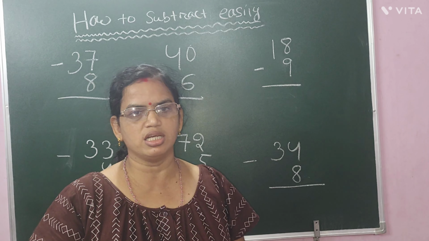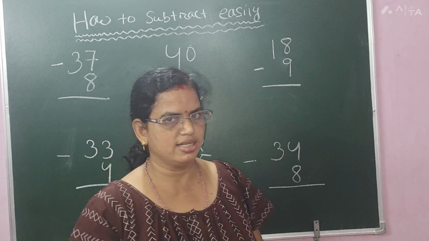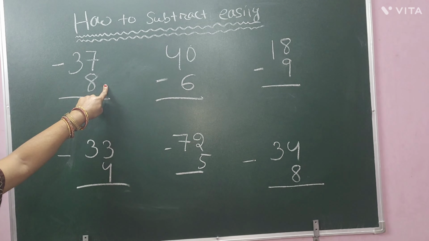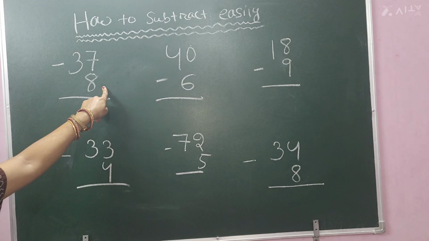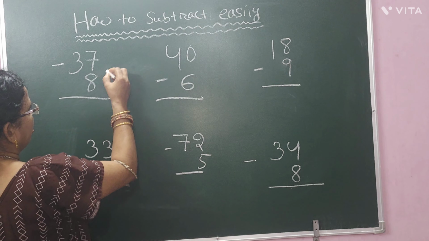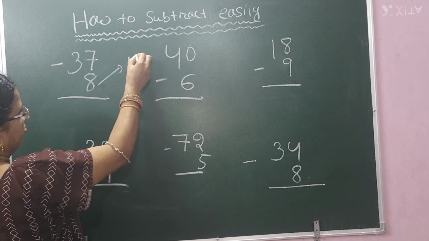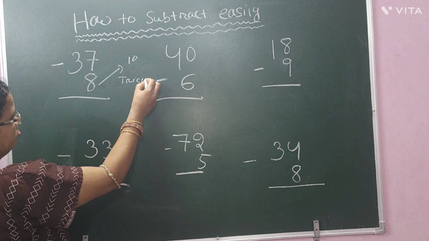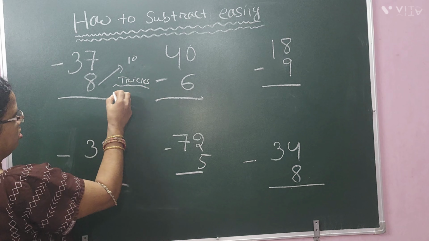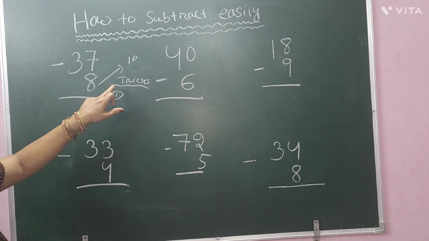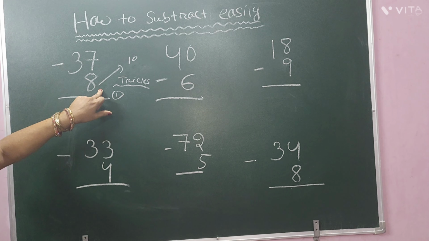Today I will teach how to subtract easily. First, take the nearest round number of this number, which is 10. Trick 1. 10 is the nearest round number of 8.